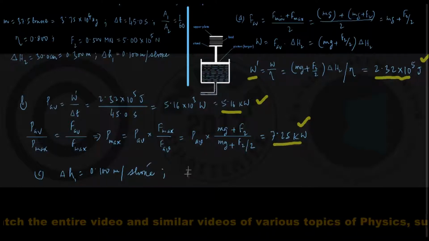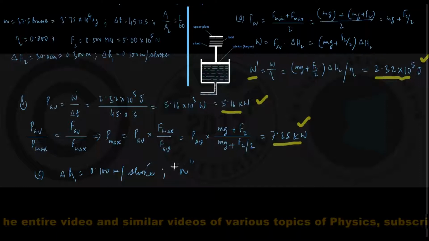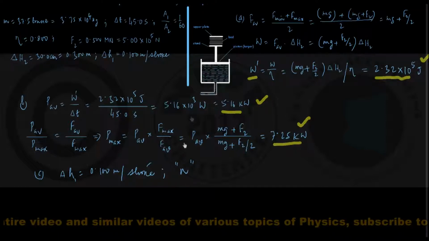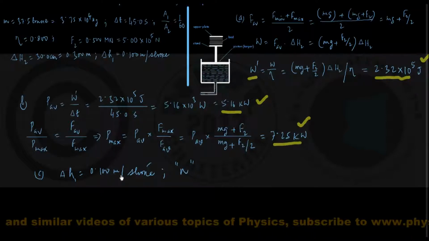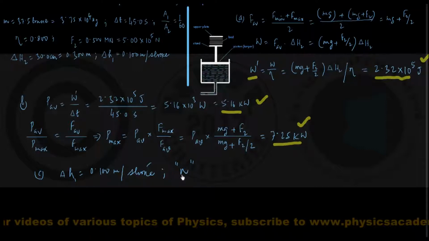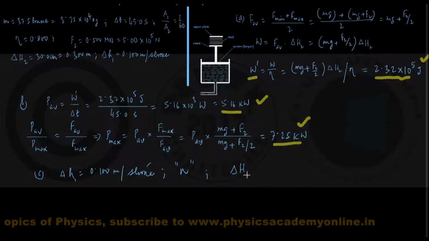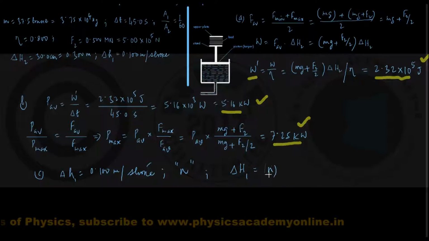And let me assume that n such strokes of the smaller piston are required to compress this load accordingly. So if per stroke the displacement of the smaller piston is delta h1, after n such strokes the total displacement of the smaller piston will be delta capital H1, that is the number of strokes n into the distance travelled per stroke, n into delta h1.